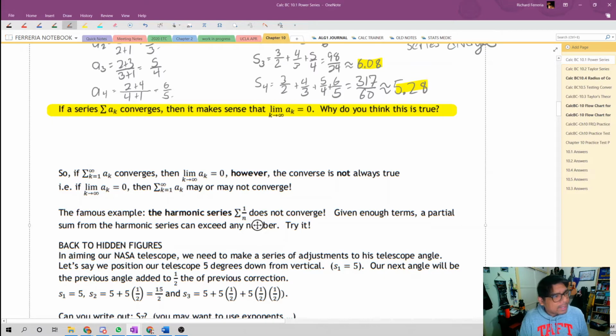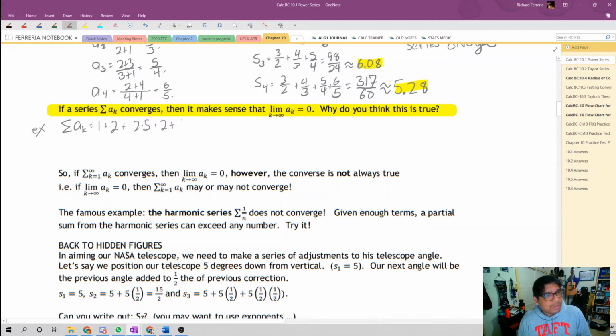Well, let's take a look at series A_k as an example. And let's say the terms don't approach 0. Let's say that they approach 3. So we've got 1 plus 2 plus 2.5 plus 2.6 plus, let's make that 2.7 plus, et cetera, et cetera.